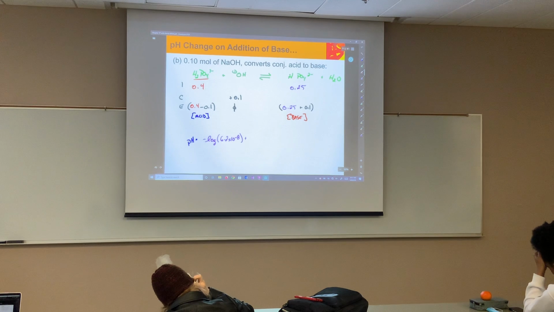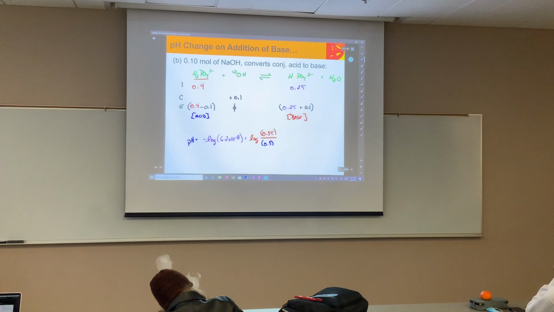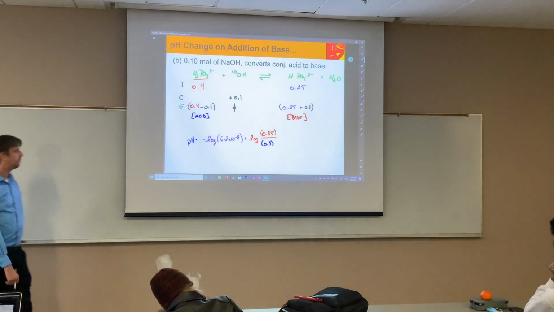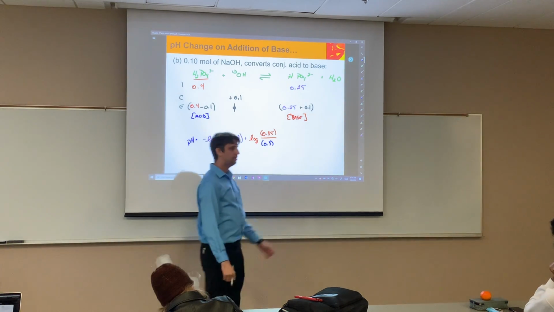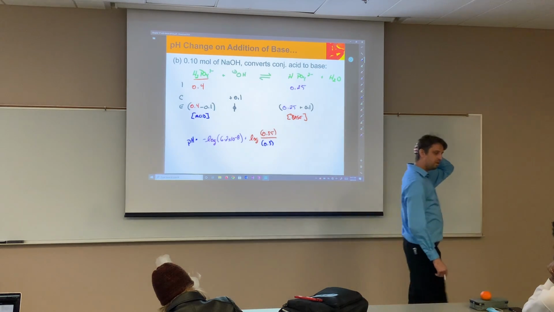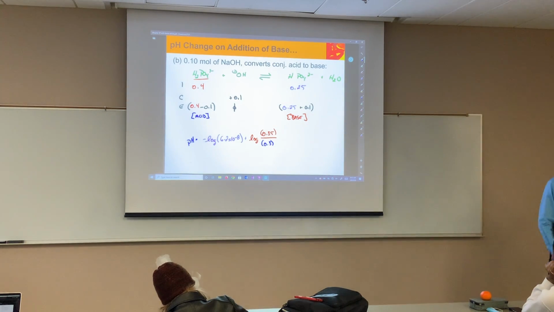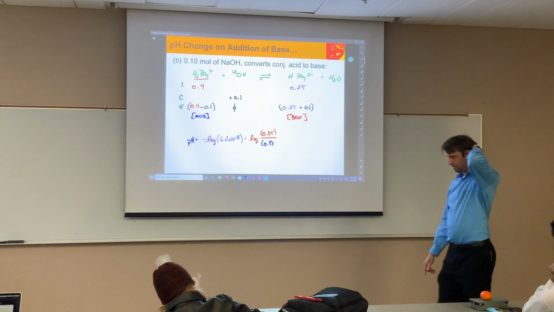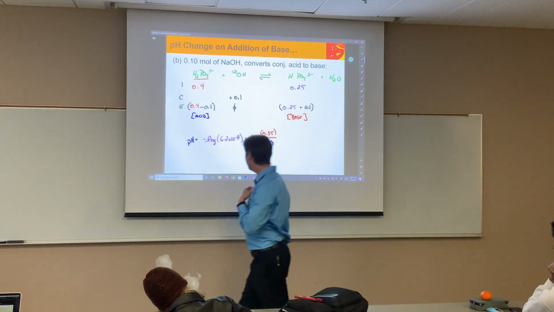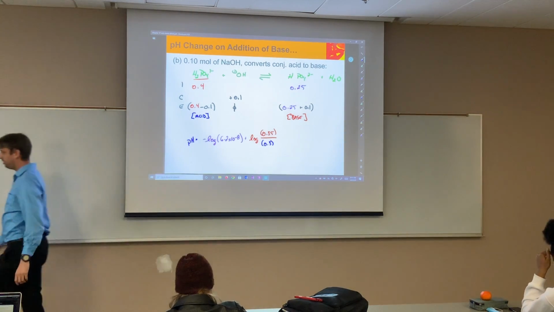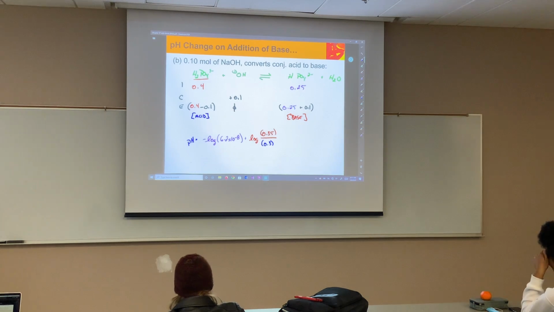Plus the log of our base, right, which is 0.35 over acid, which is 0.3. Good. So what did you guys get for that? 7.28. 7.28? Seems about right.